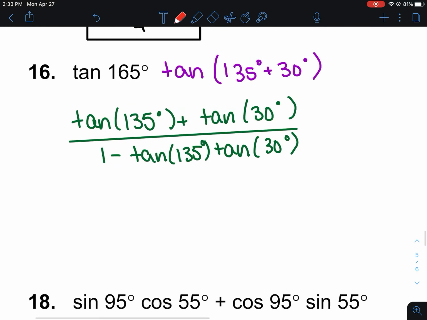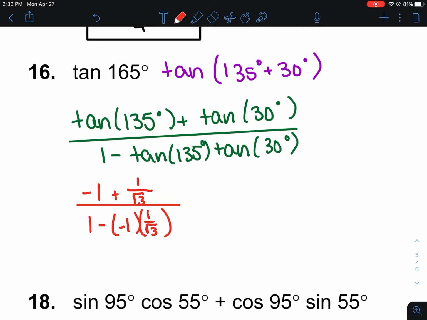Okay, so our tangent at 135 is -1. Our tangent at 30 degrees is 1 over root 3. So that gives me 1 minus -1 times 1 over root 3.